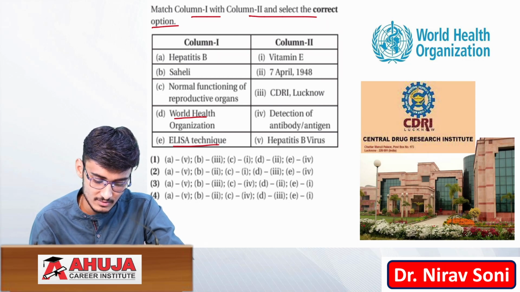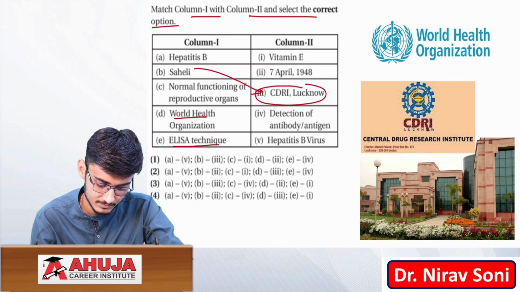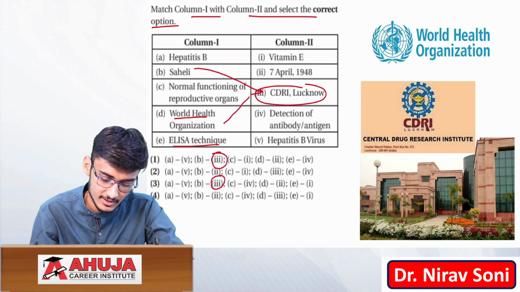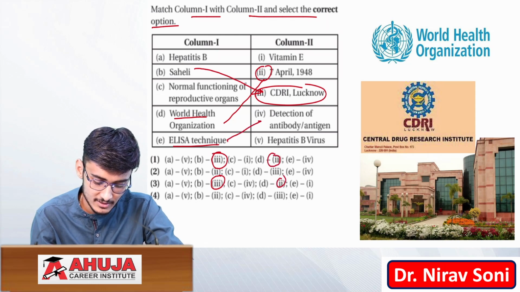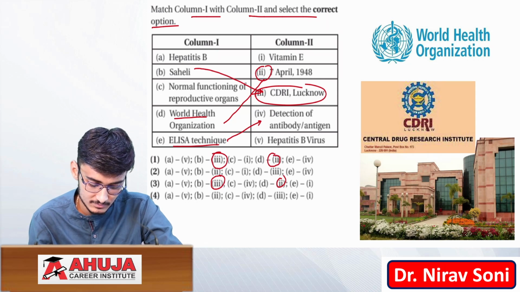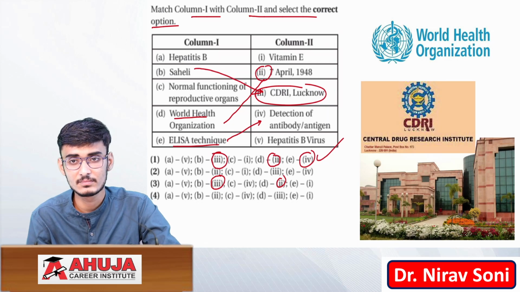So hepatitis B, Saheli, Central Drug Research Institute, Lucknow. World Health Organization, 7th April 1948. ELISA technique for identification and detection of antigen antibody. Option A should be right over here.